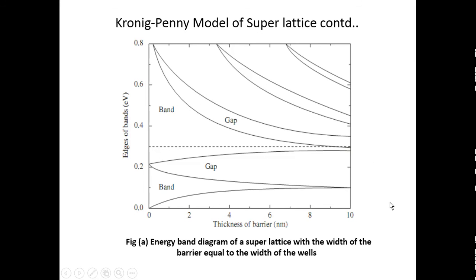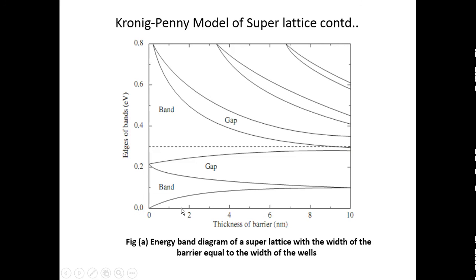So this is an allowed energy band, and there is a gap here. Similarly, this is an allowed energy band, and there is a gap here. Similarly, this is an allowed energy band, and again there is a gap here.